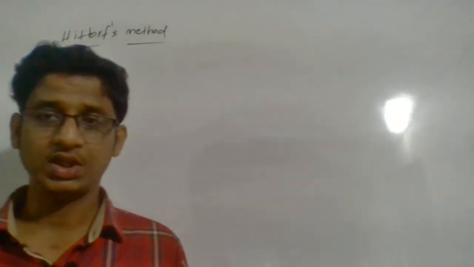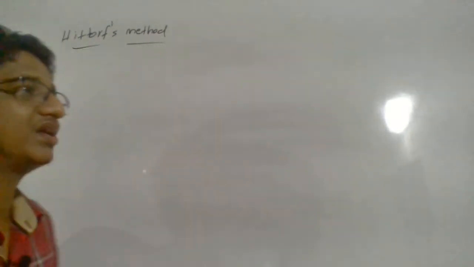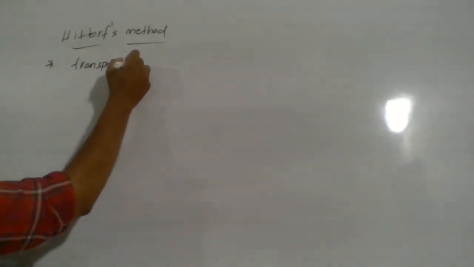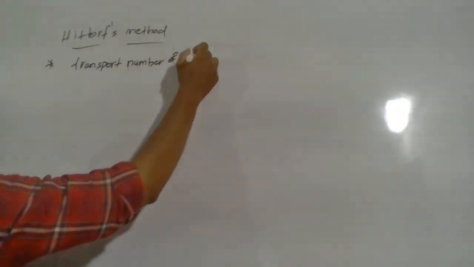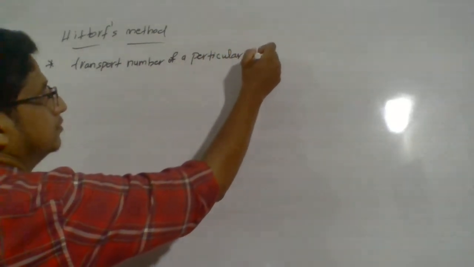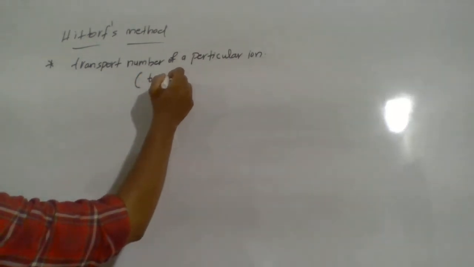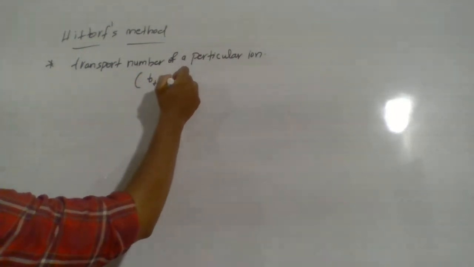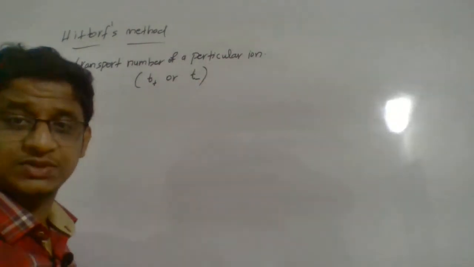It is used to explain the transport number of a particular ion. You can represent the transport number of the cation as T plus, and T minus represents the transport number of the anion. So what do we mean by transport number?